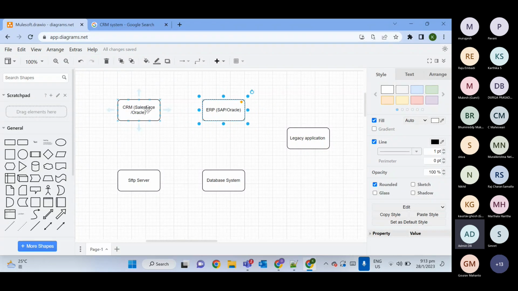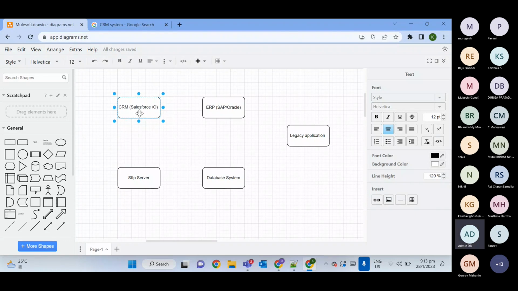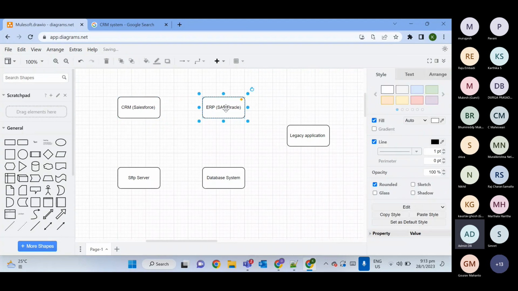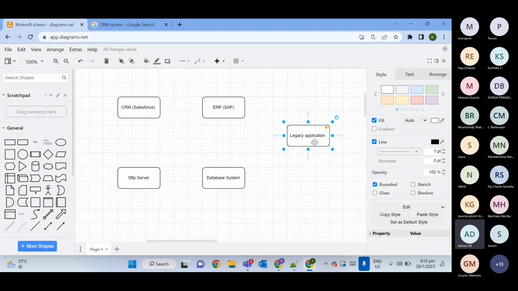Now for CRM, this XYZ organization is using Salesforce. For ERP, they are using SAP. Now they have some legacy systems. Generally, a legacy system is a very old system where they do their processing. Let's say as a legacy system they have AS400, provided by IBM, or some .NET application for order management.